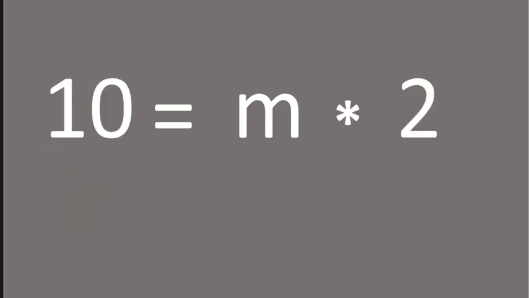Let's say the force is 10, and that equals mass times the acceleration of 2. The letters can be different. It could be a completely different formula, but the functions are the same. The way we work it is the same. So we're trying to find m. We look at it, what's happening to m? Well, it's being multiplied by 2. We're going to undo that by doing the opposite and divide by 2.